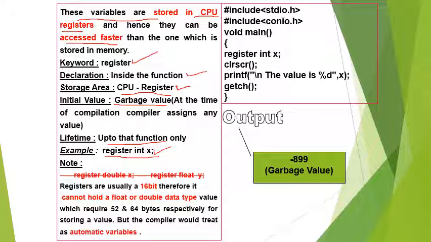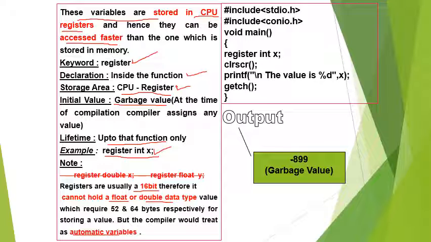So we cannot declare it as register double x or register float y, because registers can handle only 16-bit data. So it cannot hold float or double. If we declare it like this, register double x, register float y, then it will treat x and y as auto variables, automatic variables.